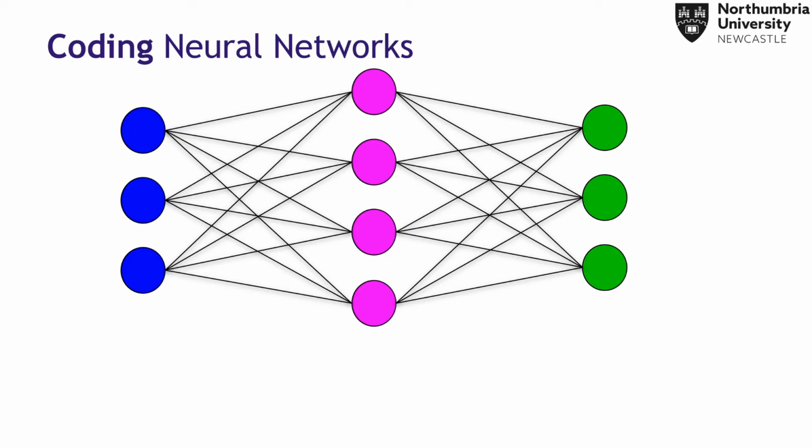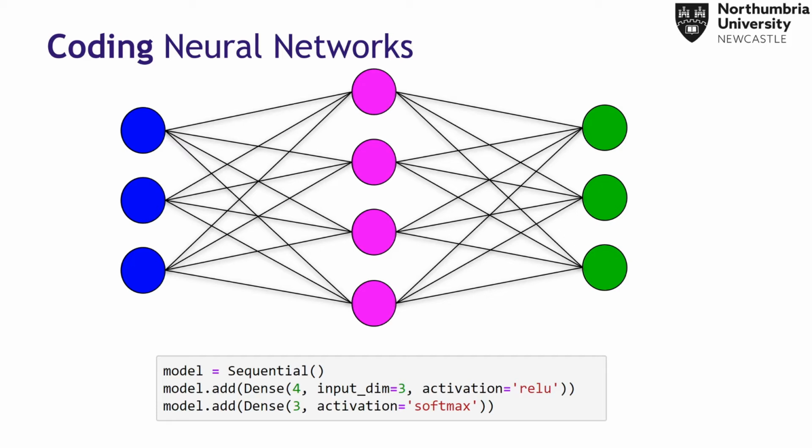So before I jump into any of the technical details, I just want to show you the code for this initial neural network. And you'll see that it's actually very, very simple. We have the input dimension, which is 3. So this is your input layer.